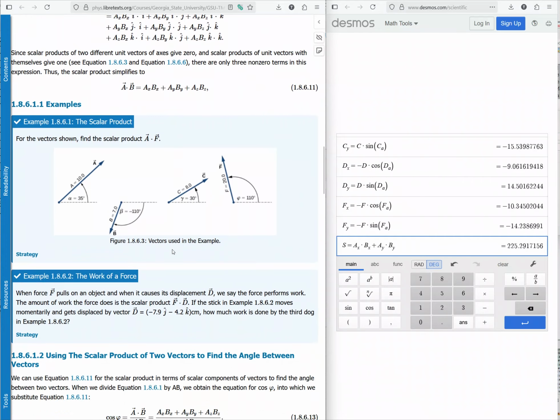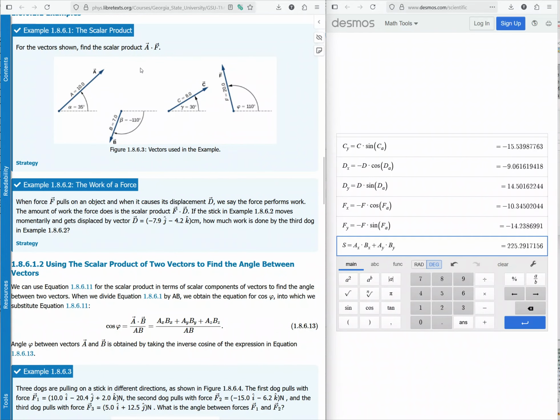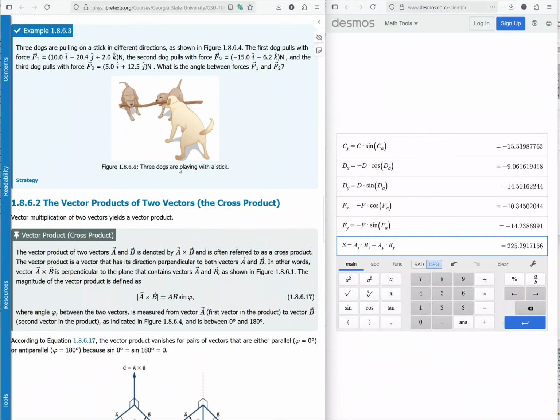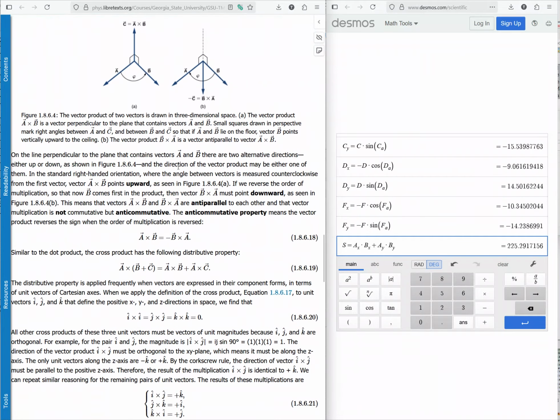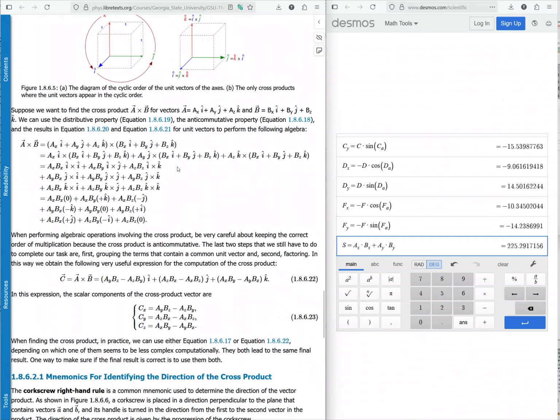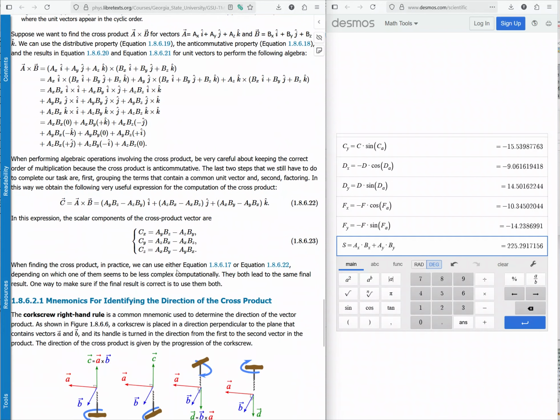I mean, this is very much the same problem we are working on. Okay, but let's see, where's the cross product? Here. Okay, so here are the components at the end.